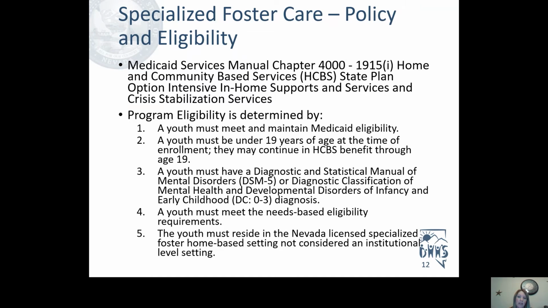A youth must have a DSM-5 diagnosis or a DC:0-3 diagnosis. A youth must meet the needs-based eligibility requirements, and I'll discuss this on the following slide. And then the youth must reside in the Nevada licensed specialized foster home based setting, which is not considered an institutional level setting.